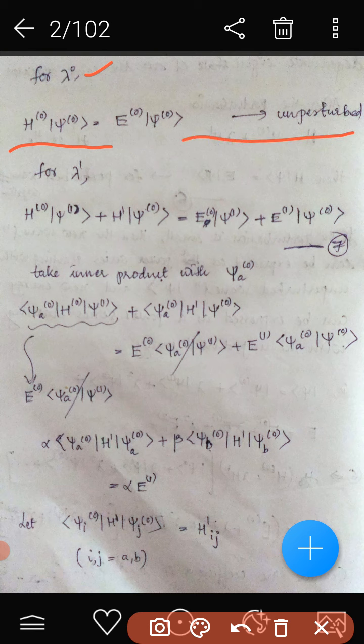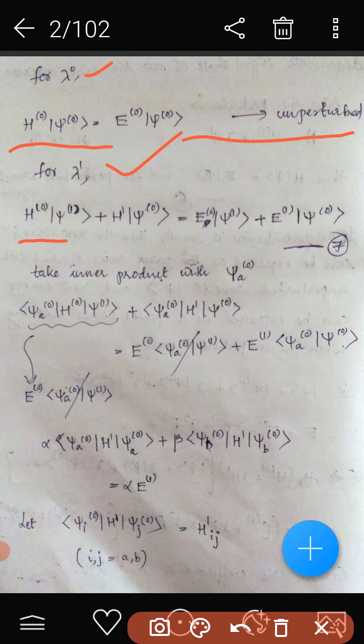This is the energy eigenvalue equation for the unperturbed state. Now comparing the coefficients of lambda 1, we get H0 psi 1 plus H prime psi 0 equal to E0 psi 1 plus E1 psi 0. That is equation number 7.